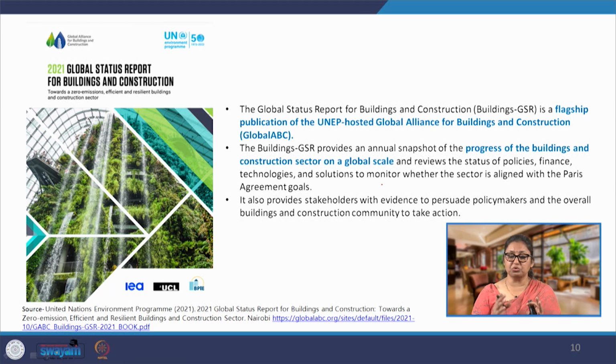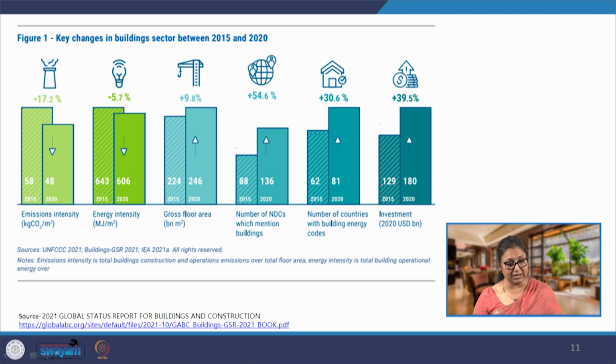They continue to monitor the progress of the buildings and construction sector on a global scale. They look at different specific regions, at the materials, at the technologies, and at how the sector is transforming, and they report it annually.